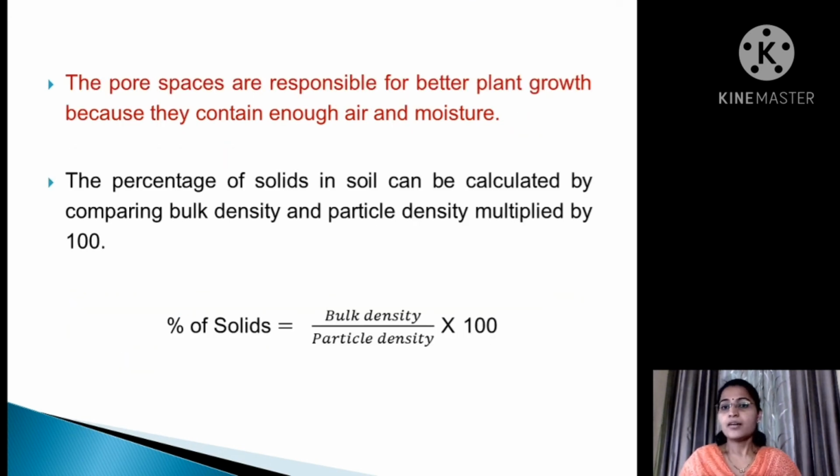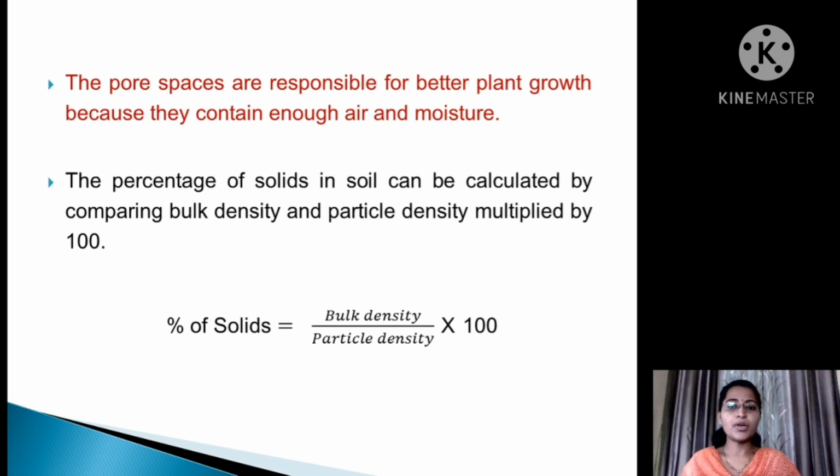Now see, the pore spaces are responsible for better plant growth because those pore spaces contain enough amount of air and moisture. The percentage of solids in soil can be calculated by comparing bulk density and particle density multiplied by 100.